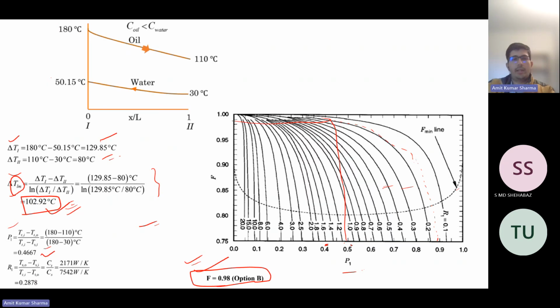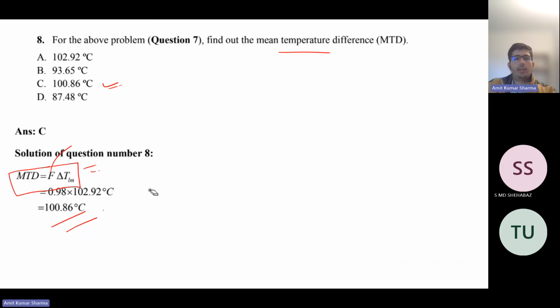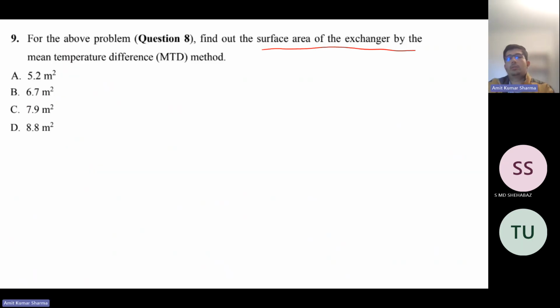And also see this slide. So MTD we are also having like this. I think now you can take 2 minutes to solve this. It's very simple now. You just have to recall a formula. You know all the data, and you just have to do the calculation.